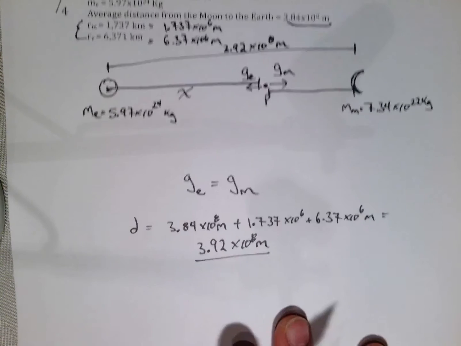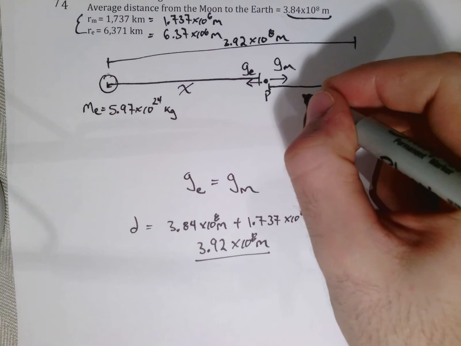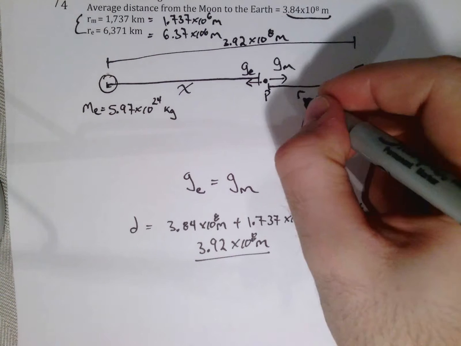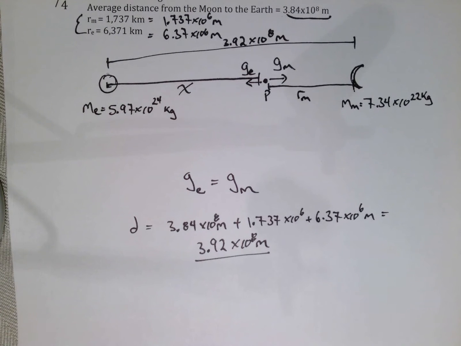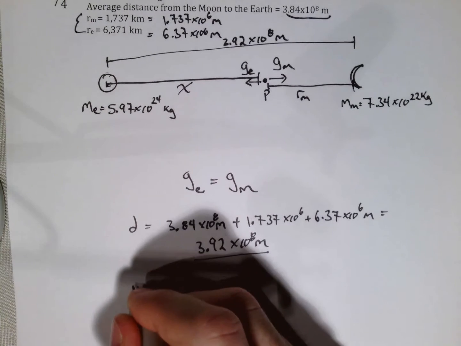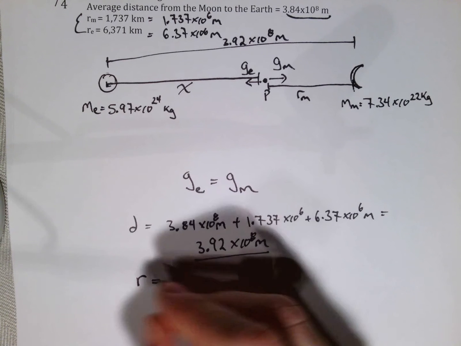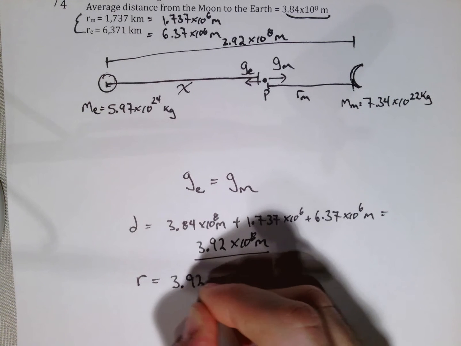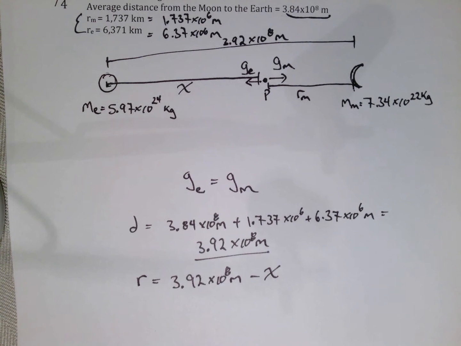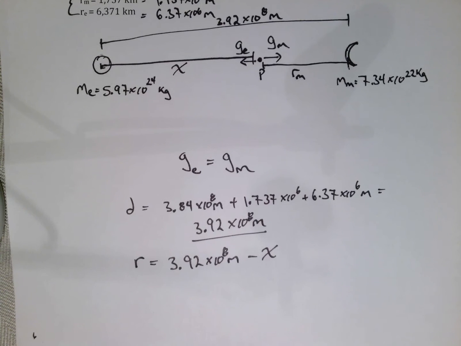So, by this logic, I know that this, we'll call it r, and rm for the distance from the Earth to the moon, sorry, misspoke, the radius from the moon to this point P. So we know that r value has to be equal to the total, 3.92 times 10 to the 8 meters, minus x, whatever x is. We don't know yet. Hopefully we're all good up till there. If not, pause, rewind, take another look, and try to make sense of it.